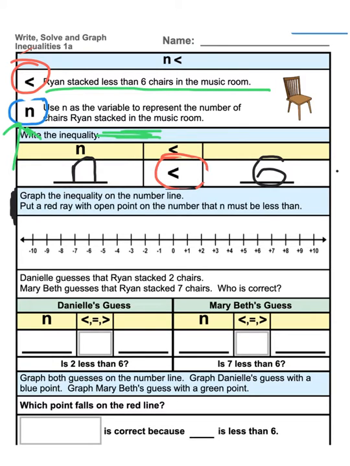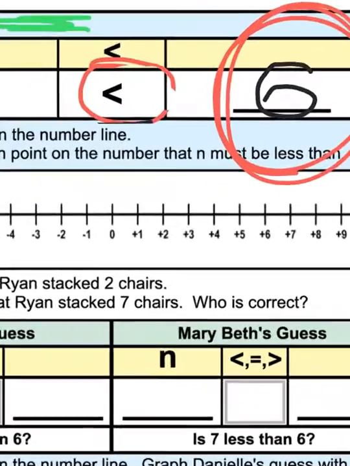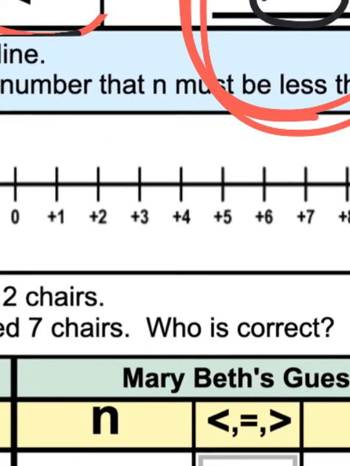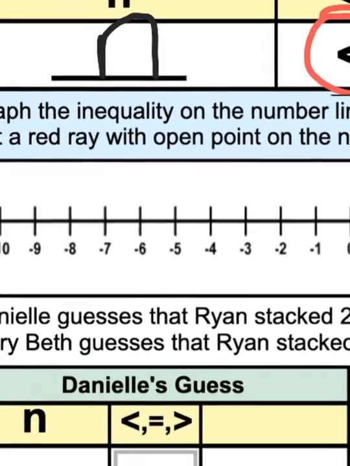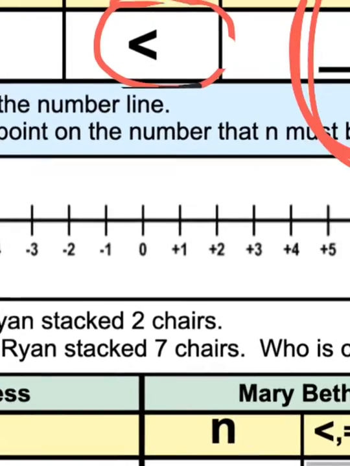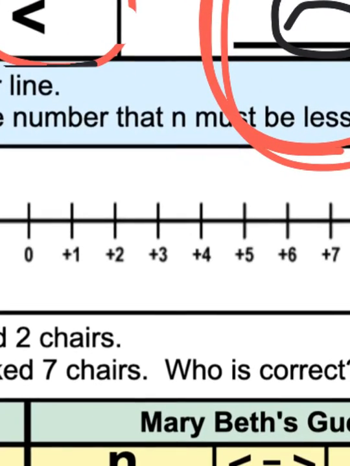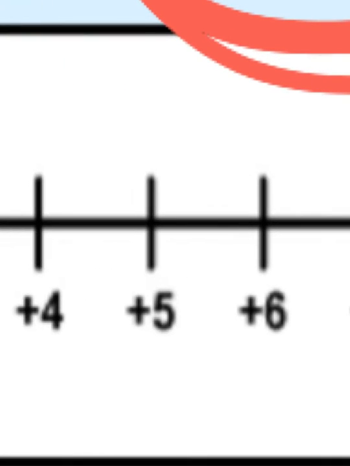Notice that the number has to be less than 6. So I am going to zoom in, and it said, let me just make sure, put a red ray with open point on the number that N must be less than. So right here, the number 6, I've got red.